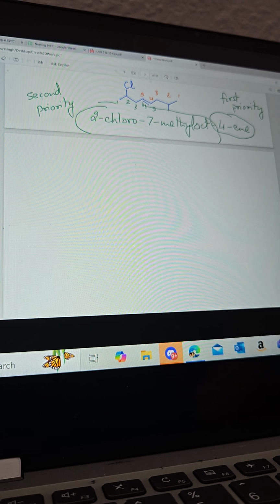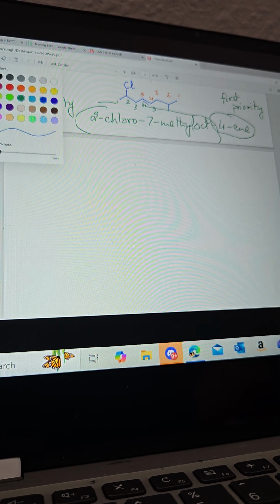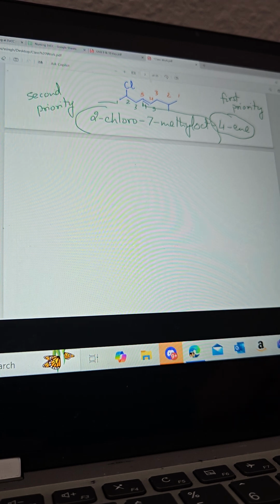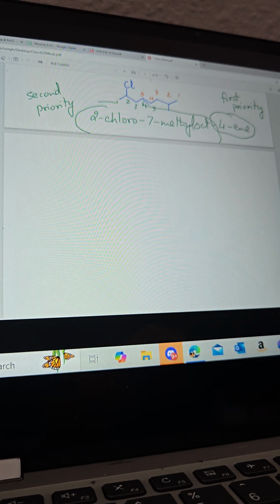Can I ask a quick question? If I reverse that, you'd still have 2, 7, but then it's alphabetical, right? Exactly. Then it's the third priority. Second priority is to give the groups this.